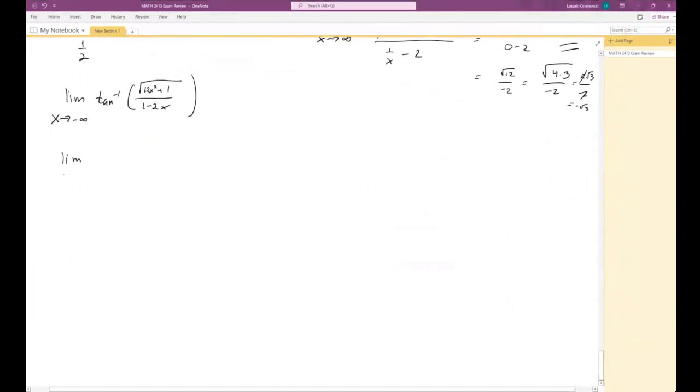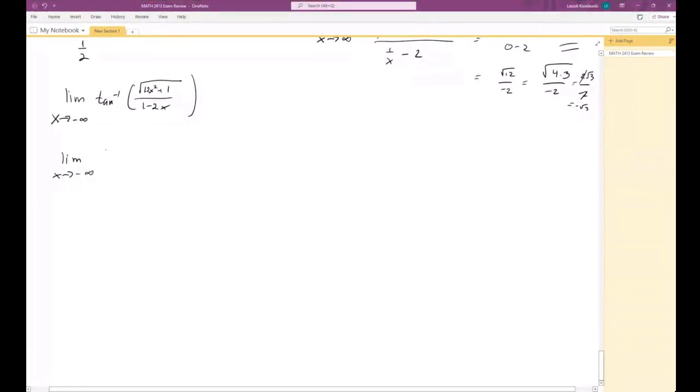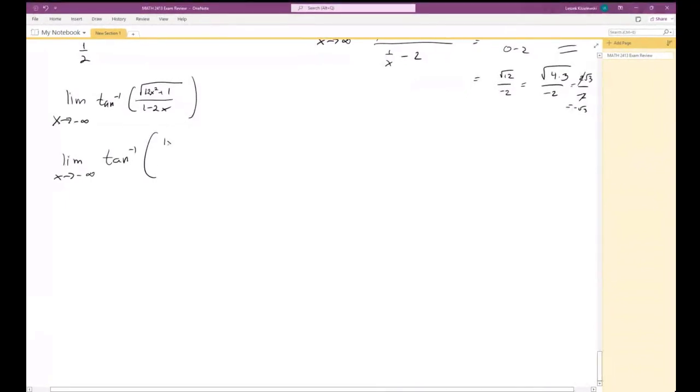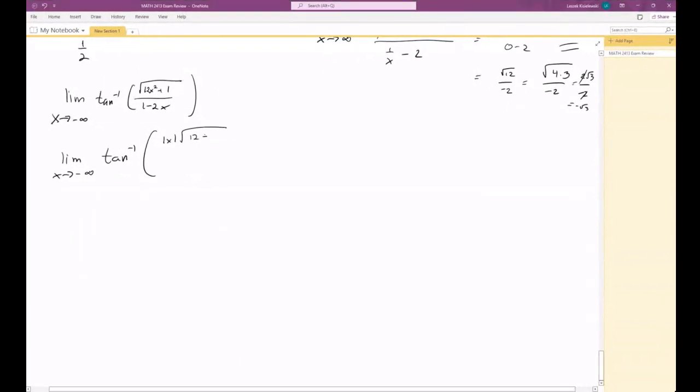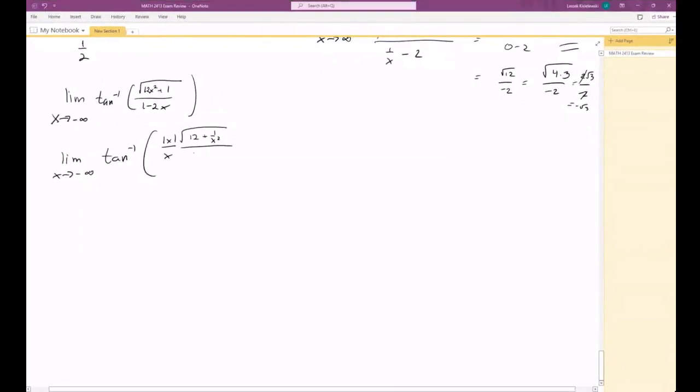So we would still have, let's say, factor out an x from the x squared in the square root, right? And then we get absolute value of x, and we would still have to factor out an x from the denominator.